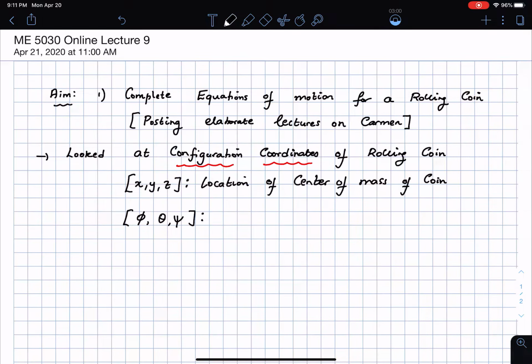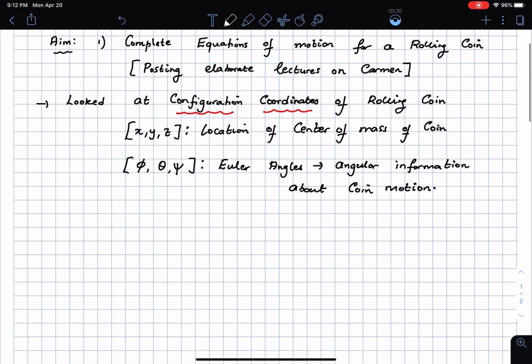These represent the Euler angles. This represents the angular position of the coin at any instant in time, the angular information about the motion of the coin. So these are the 3 things that we looked at.